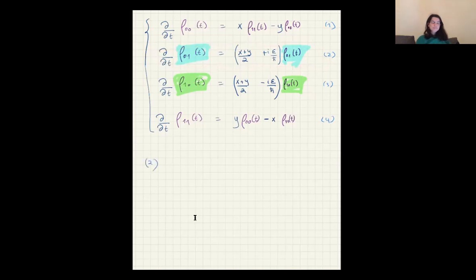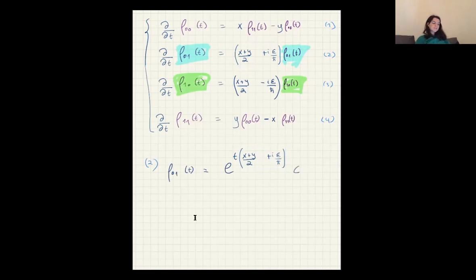Okay, so let's do 2, for example. Well, this is really just what's the thing such that the derivative is the original function times the coefficient. And that's just exponential. Right, so for 2 the solution I get is rho 0 1 of t. It's going to be the exponential of t times this thing here, times some coefficient c.